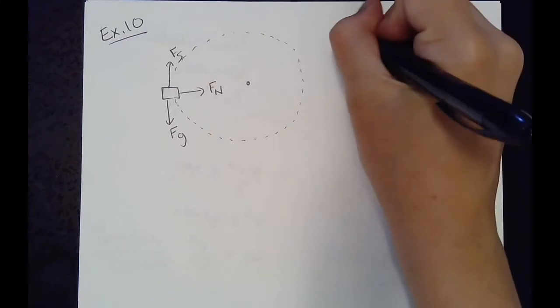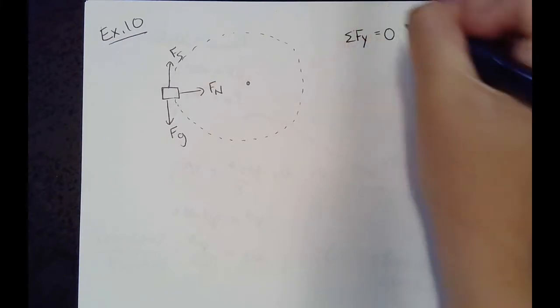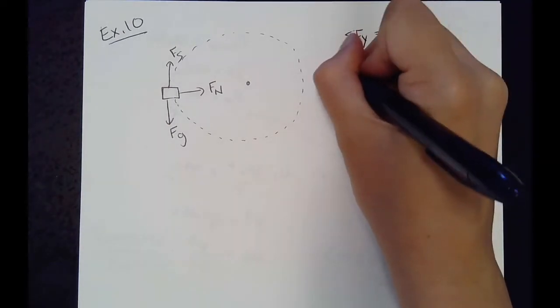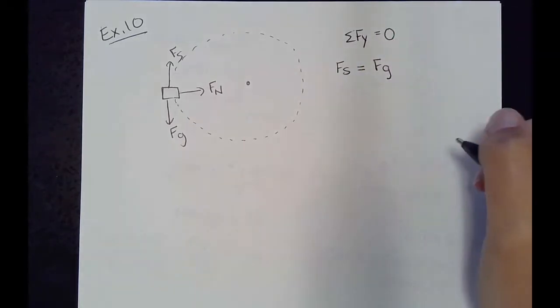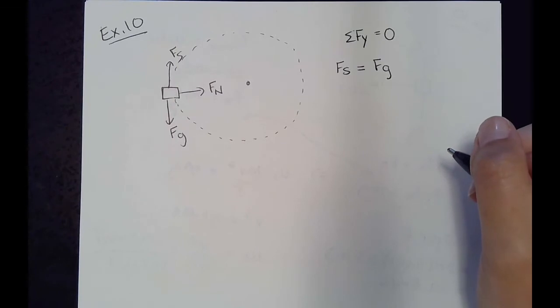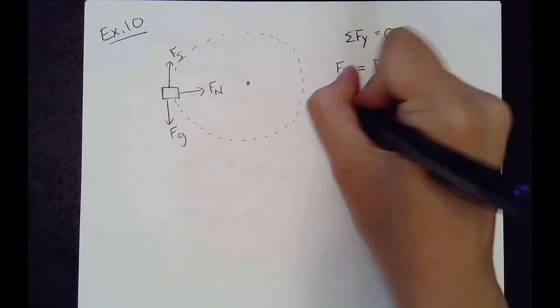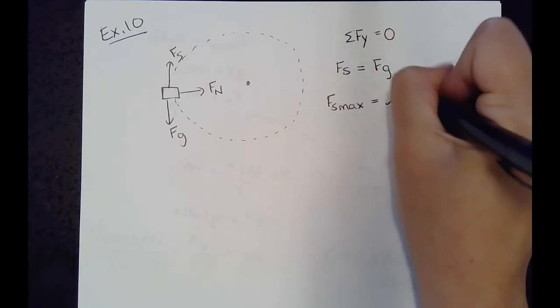So in that y direction, the net force will be equal to 0 since the person is at rest in that direction. So static friction equals Fg. Now, because we're looking for the minimum coefficient of static friction so that the riders don't slip, we're going to want to take the maximum value of static friction at that coefficient.